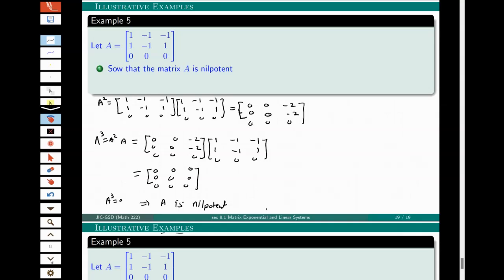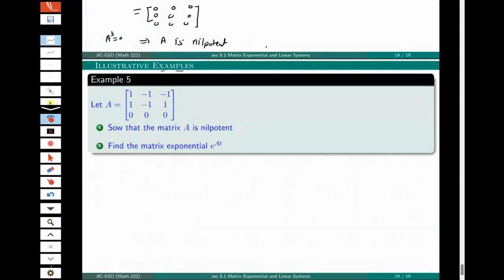Okay, since A is nilpotent, we can find what is e to the power At, which will be I plus At plus A squared t squared over 2 factorial plus A cubed t cubed over 3 factorial, and so on, but this is equal to 0.